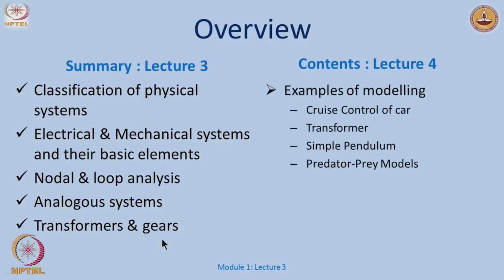So, what we will do next is learn some more physical examples. Starting from cruise control of a car, we also look at some more details of the transformer, of why what we saw in the previous slide is not really fit for analysis, the simple pendulum, and something which might be a little new, called the predator prey models, which I will explain when we get there.